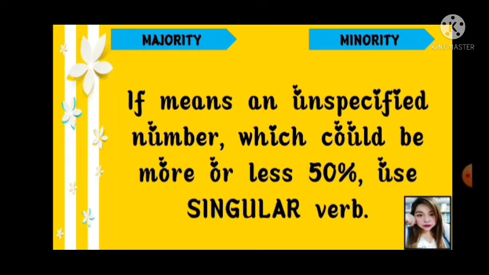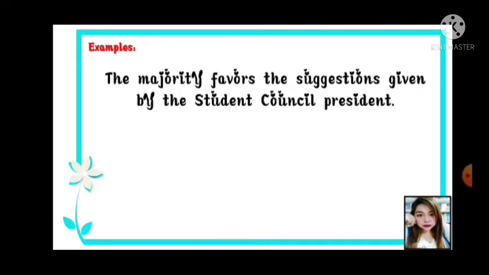So if this is the case, use only a singular verb. For example, the majority favors the suggestion given by the student council president. We use the word majority, but the verb here is singular in form because this is an unspecified number.